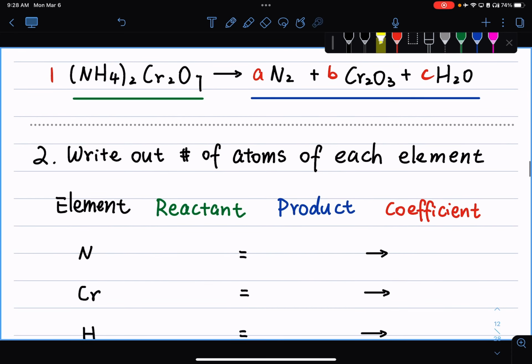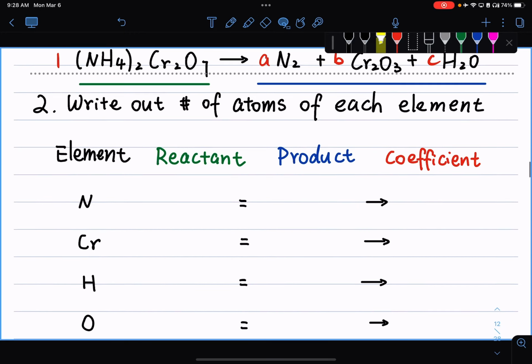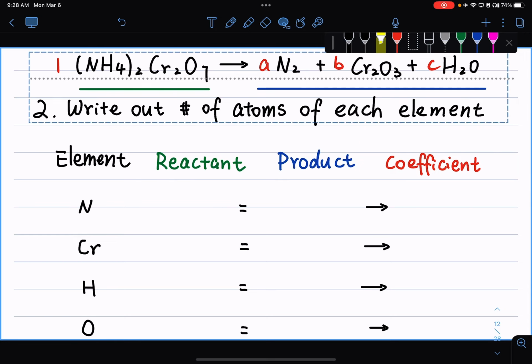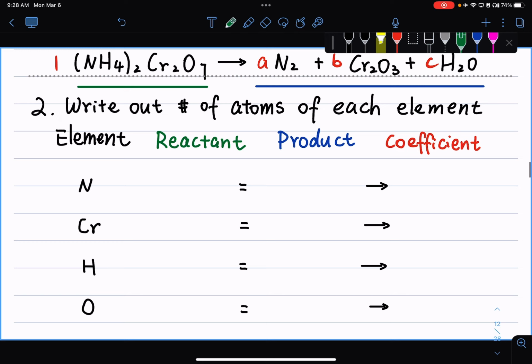We write out the number of atoms of each element. We're just counting the number of atoms of each element. In my reactant, we have a total of 2 nitrogen, 2 chromium, 8 hydrogen, and 7 oxygen.